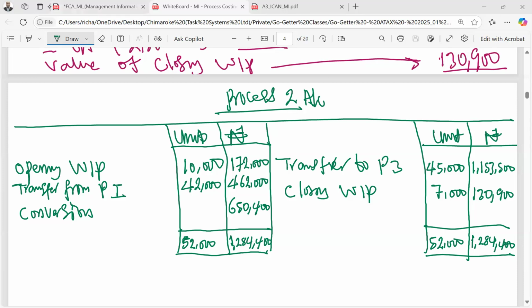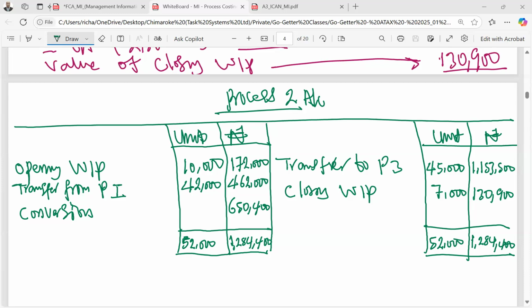I must warn you that the average method will give you a slightly different answer from the FIFO method, and neither of these two methods is more correct than the other. Neither of them is wrong. But you should know the various approaches to solving this problem.